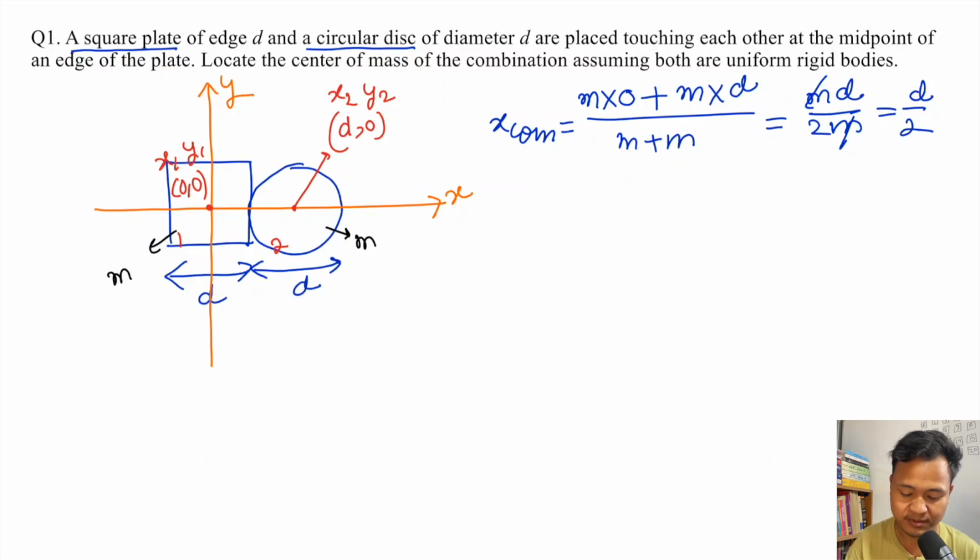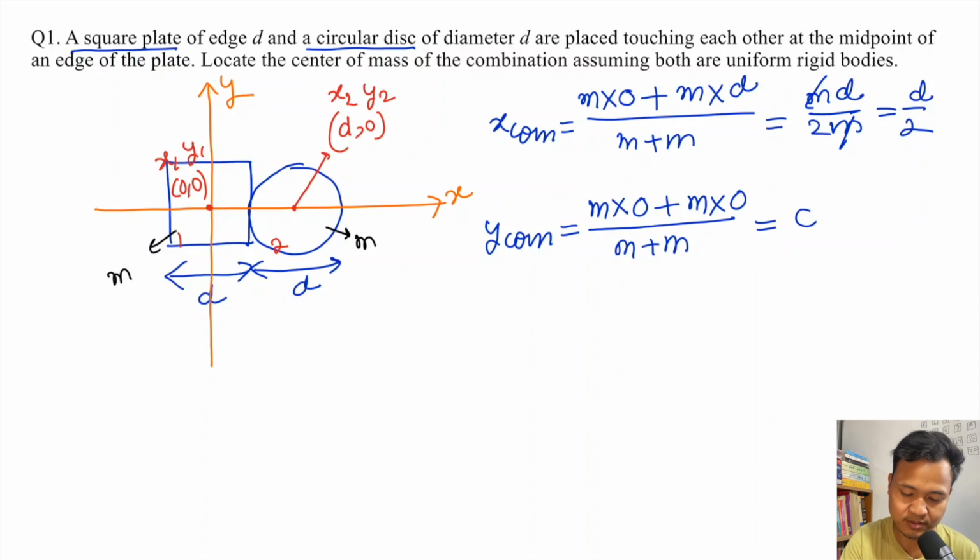And for y COM: m1 y1 plus m2 y2 by m1 plus m2, where y1 is 0 and y2 is also 0, so this is 0. So the center of mass is exactly here, at d by 2 comma 0.